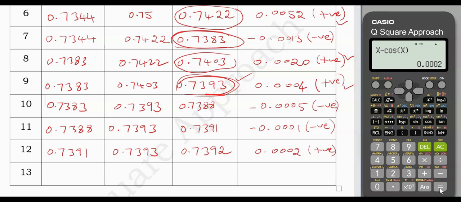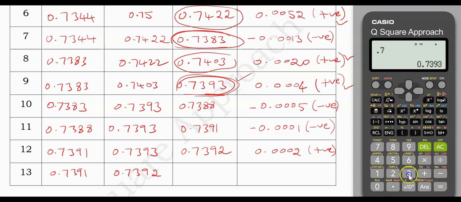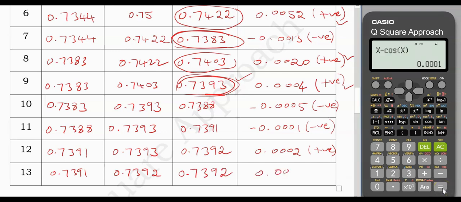This is positive, and the root lies between one positive and one negative, so 0.7391, 0.7392, and A is 0.7391 here. B is 0.7392. The function value is 0.7392. So this is also positive.